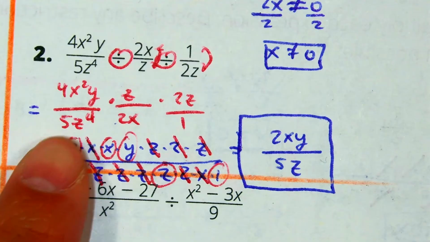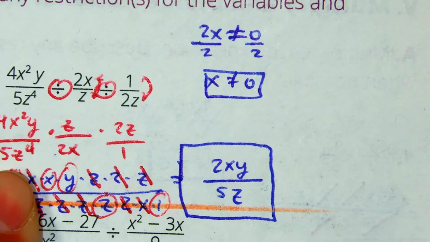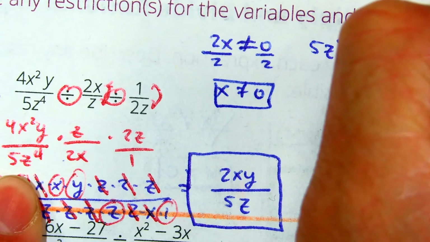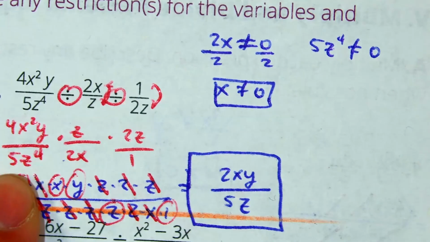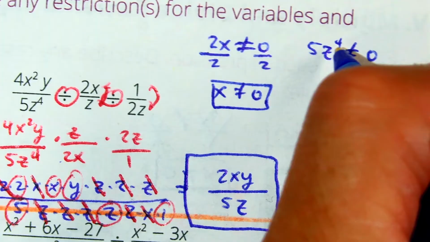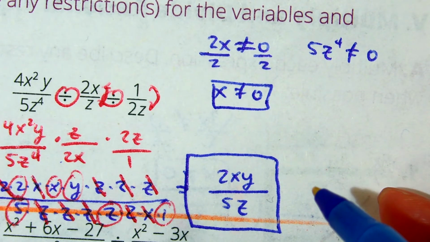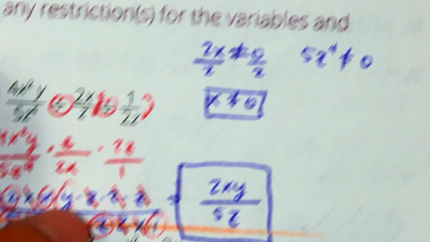If we do 5z to the 4th, class, should we take the radical sign or divide by 5? Remember, you're doing PEMDAS backwards.